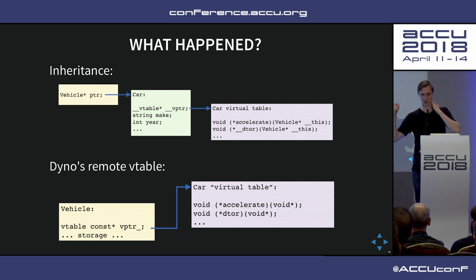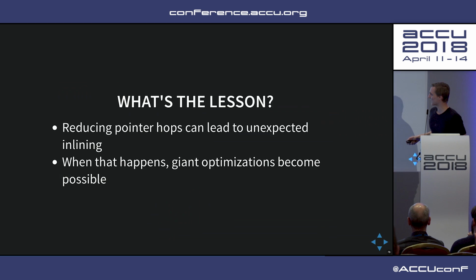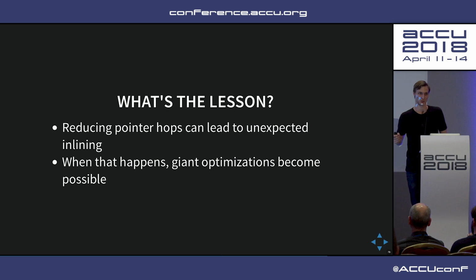And this code is kind of involved, there are allocations in that code under the hood and stuff like that. The compiler, because it could inline that function, could see what you're doing here, and it didn't do anything. So I guess the lesson here is that reducing the number of pointer hops can lead to unexpected inlining in some cases, or maybe playing with your inlining limits or something like that.